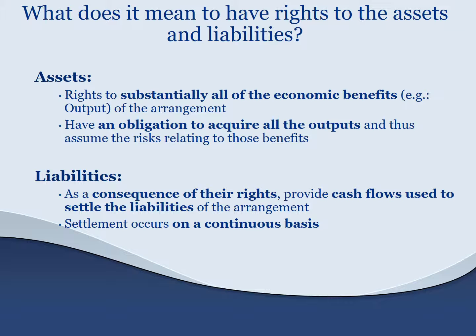And this is how they explained how we are to understand the meaning of rights to the assets and obligations of the joint operation. Now, with this expanded explanation in hand, it then addressed a number of questions and scenarios in order to explain how one should apply this.